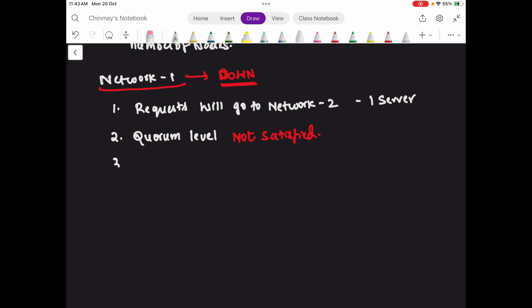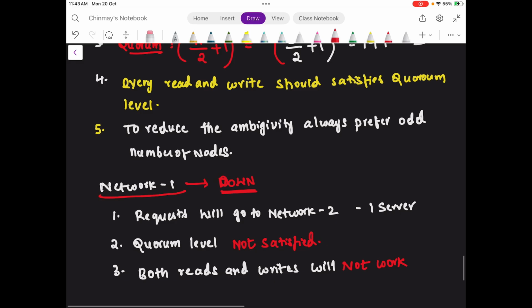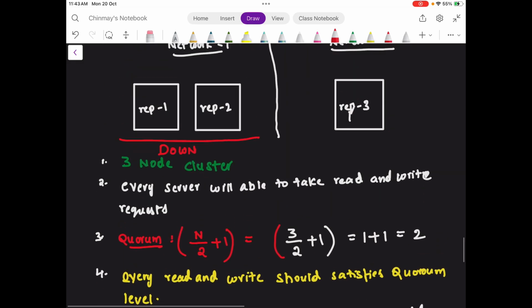Now both reads and writes will not work.